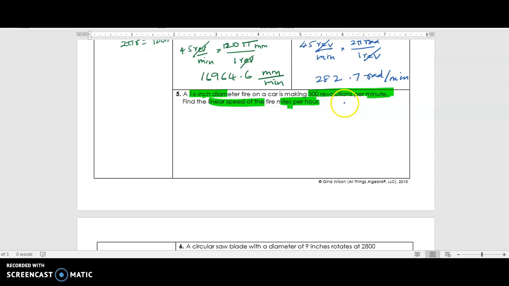So the goal is miles per hour. Okay. And now what we are given is 500 revolutions per minute. Okay. Times. Now the minutes should be converted into hours. So the minutes should be cancelled to hours.